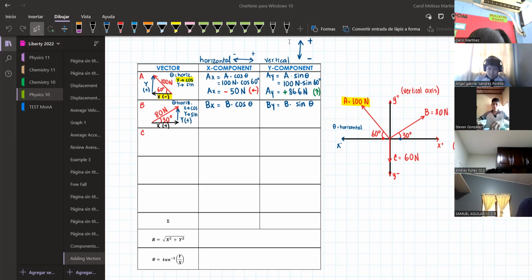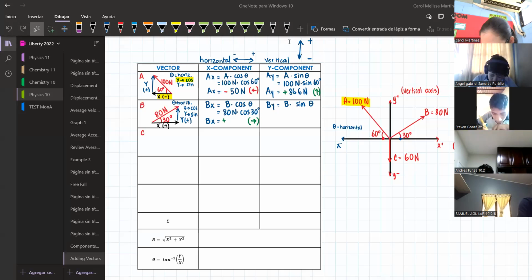Bx is equal to 80 Newton, cosine of 30 degrees. Bx is equal to what? I got 69.28. Did you get the same answer as me?